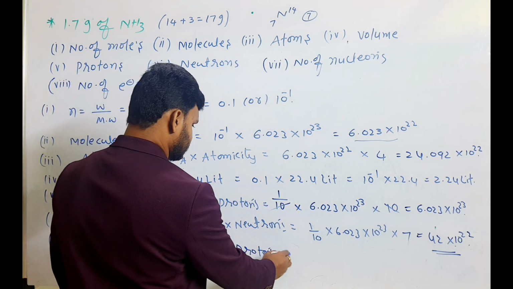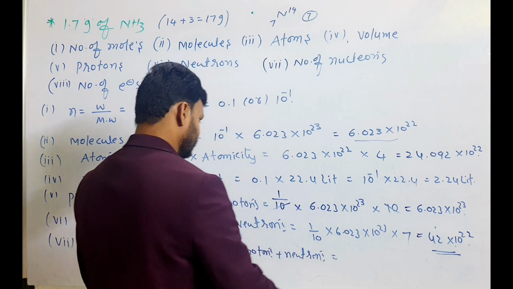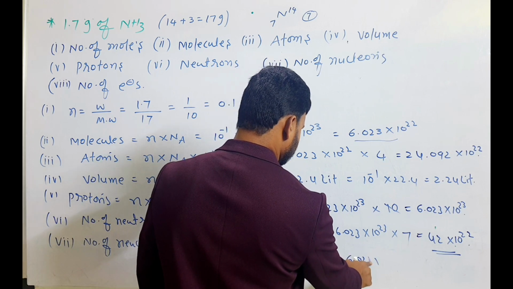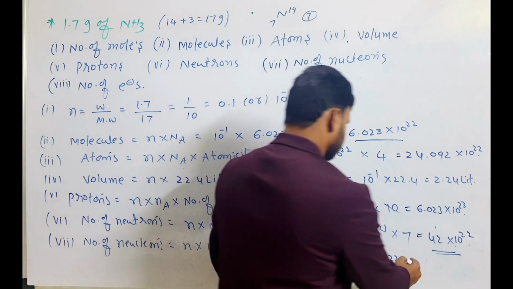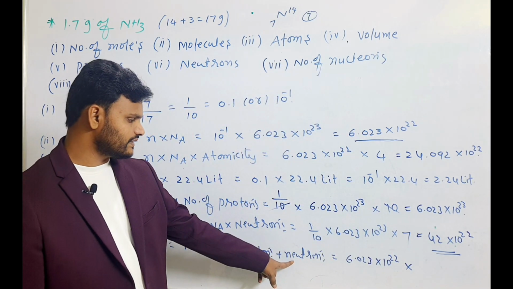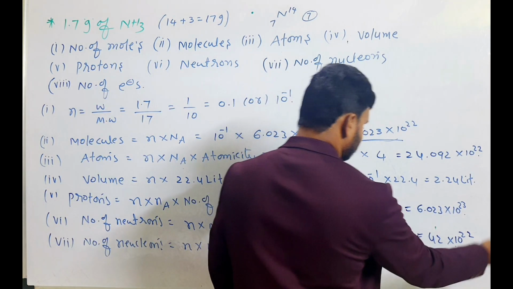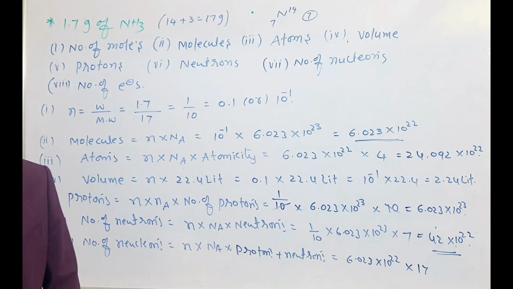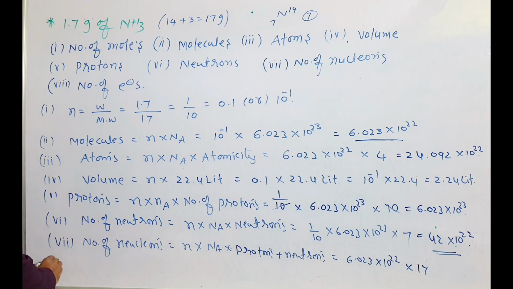So 6.022, this is n into Na. Clear? Protons 10, neutrons 7, total 17. We should consider that, then we will get some value. Clear? That's it. Next.